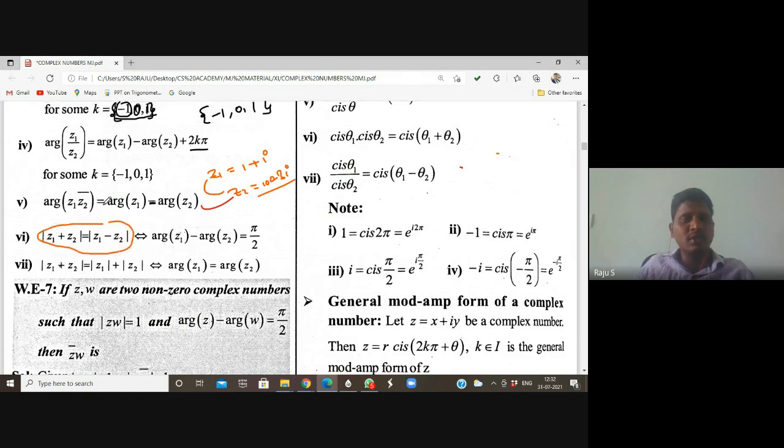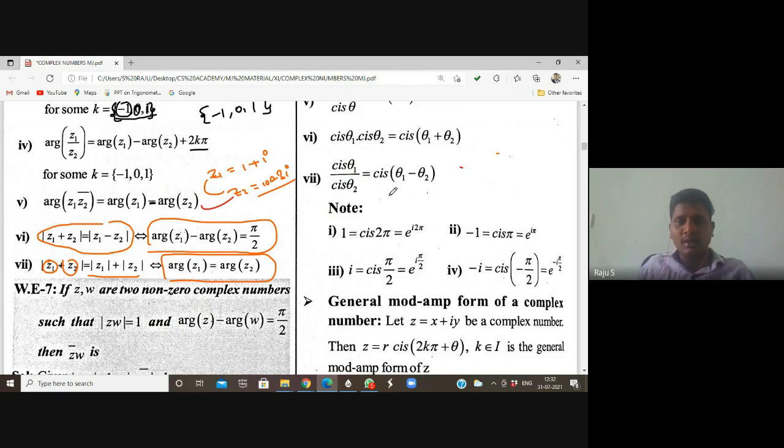The modulus of Z1 plus Z2 must be equal to modulus of Z1 minus Z2, then in that case only argument of Z1 minus argument of Z2 is always 90. You can choose two complex numbers Z1, Z2 which satisfy this condition, then argument of Z1 is always equal to argument of Z2.